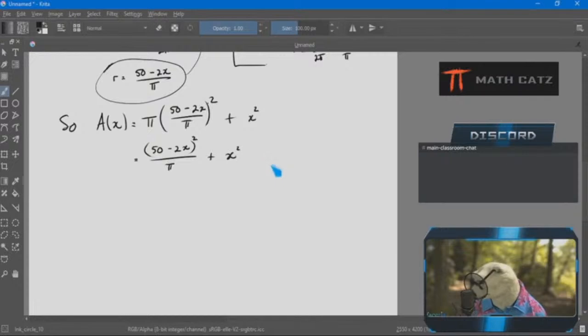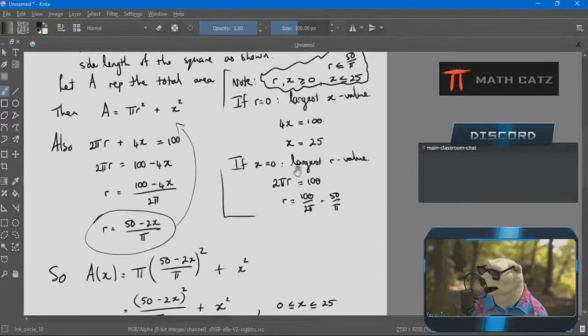Now, of course, this is just depending on x, and remember that x is going to go from 0 to 25. At 0, I'm getting the area equal to the area of just a circle. At 25, you see this first one falls away, that's the circle portion, and I just have the area of the square.